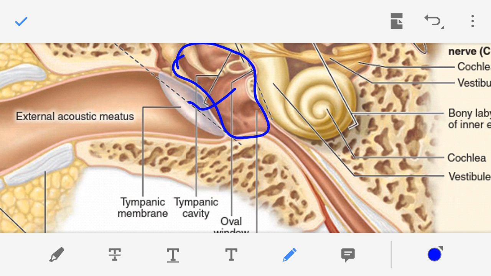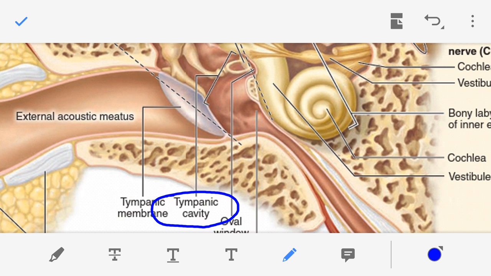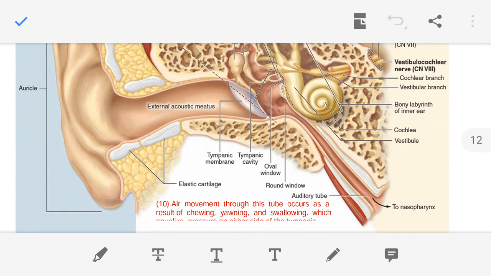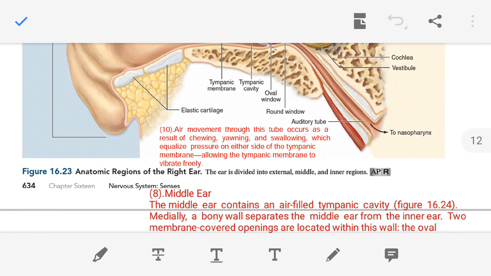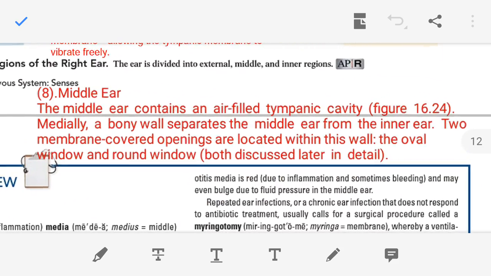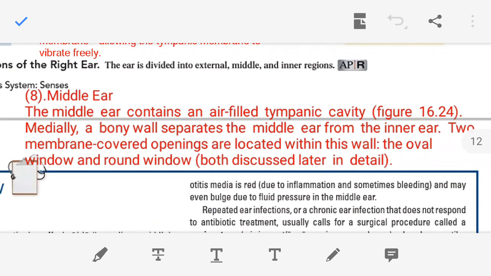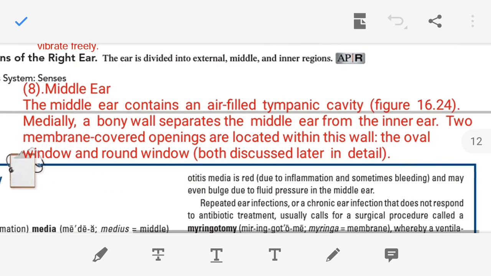Here you can see the name written, tympanic cavity. So the middle ear contains an air-filled tympanic cavity.